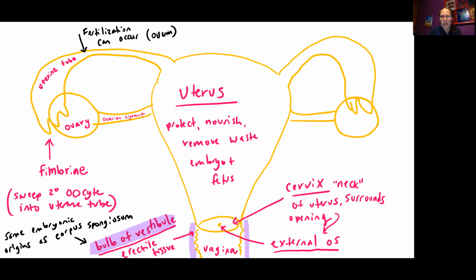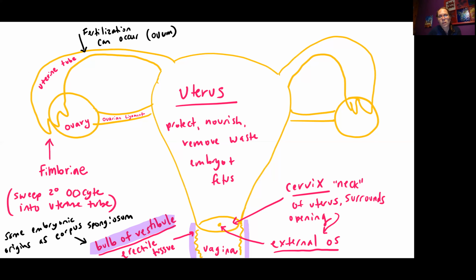What's really interesting is that although male and female reproductive structures are differentiated, they have the same kind of origins and pretty much analogous structures for each male and female. The difference really comes along in the development of the fetus with the production of different sex hormones.